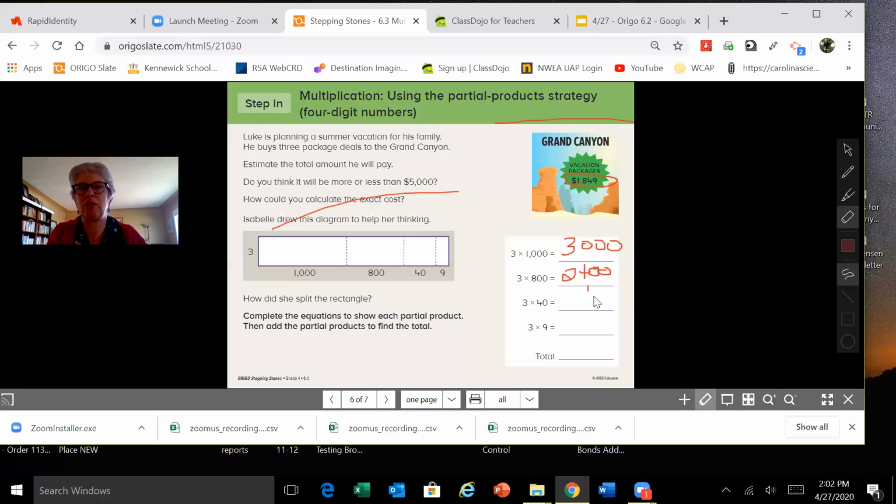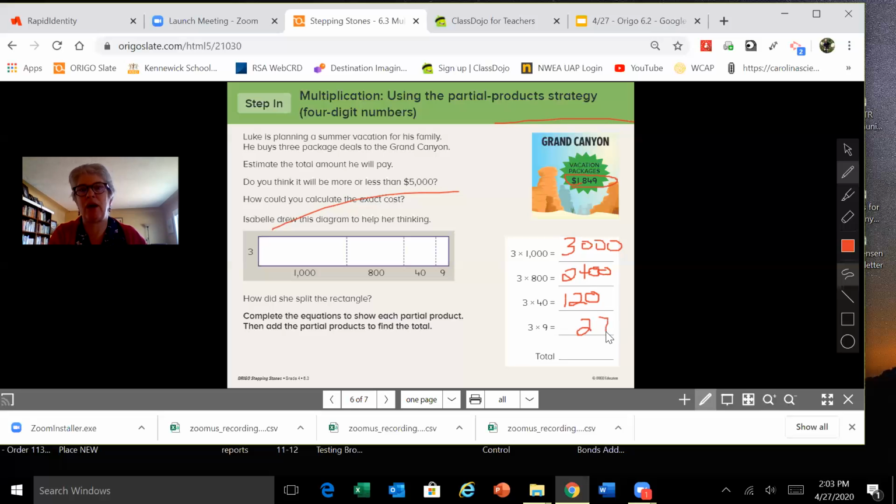Sometimes this is really sensitive. Okay, so then I know 3 times 40. I know 3 times 4 is 12. So 3 times 40 would be 120. And then I have 3 times 9, and I know that's 27.